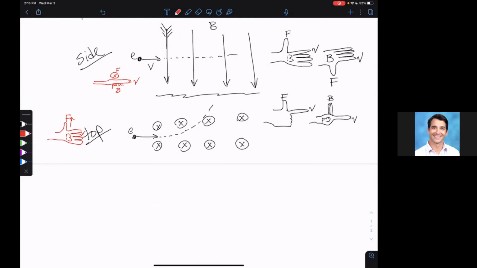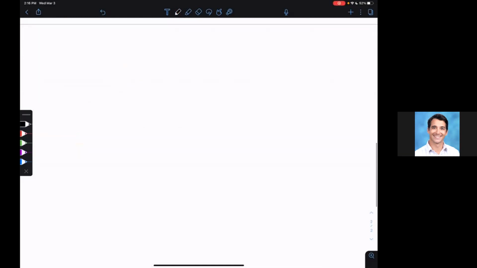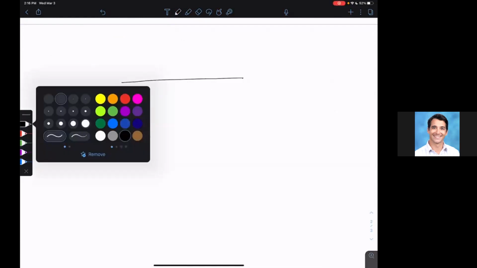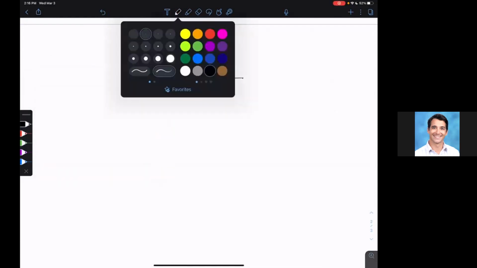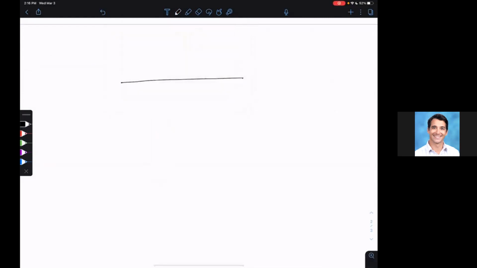So if we had a wire, and here's my wire, and its current is moving to the right, then we can use the right-hand rule to grab onto that wire and wrap our fingers around it.